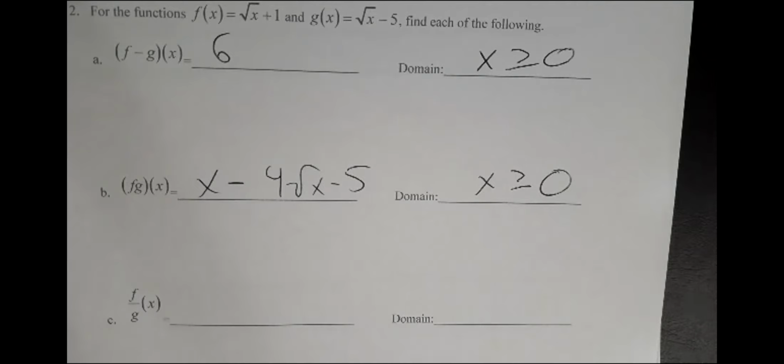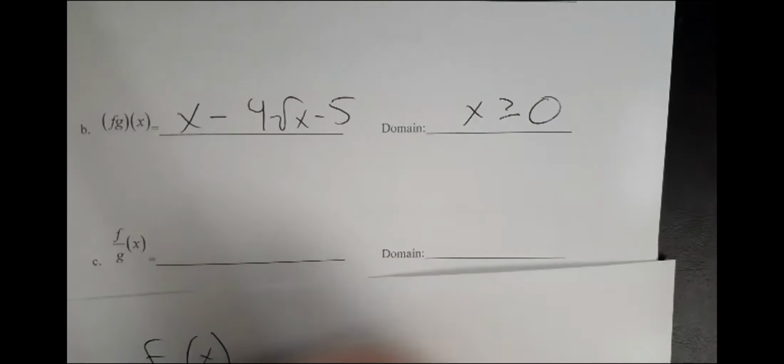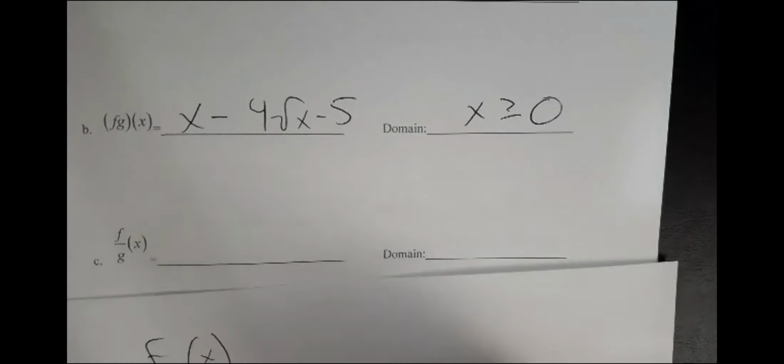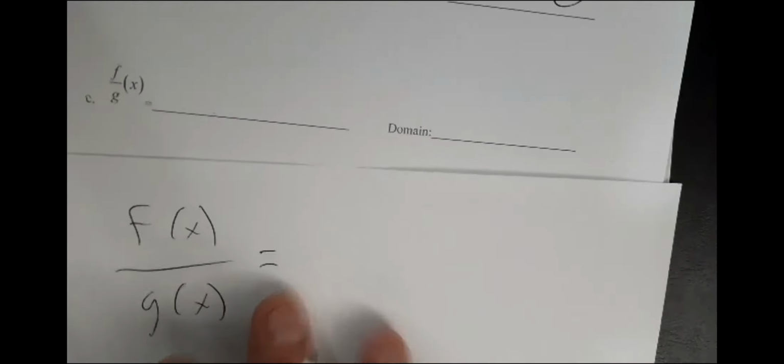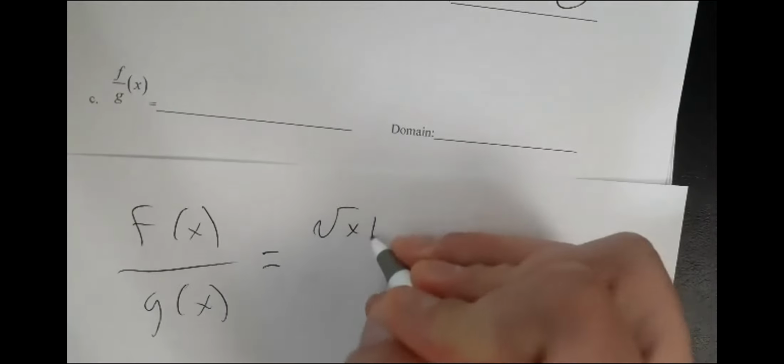Okay, and then the last thing I look at is f divided by g of x. The first thing you should write is what this thing means. It means f of x divided by g of x. So I want to know what my f of x is, root x plus 1.